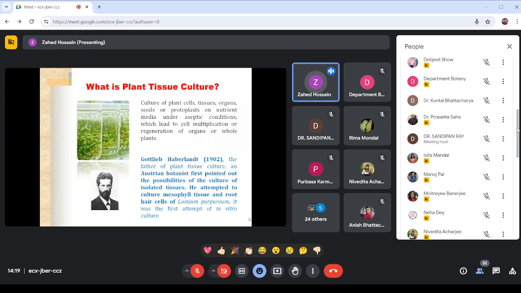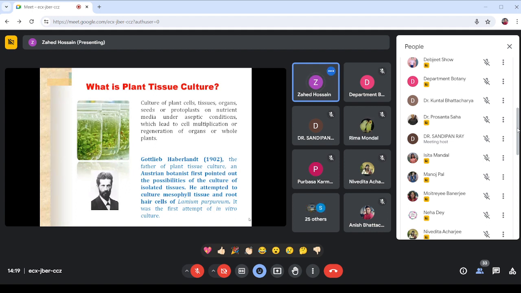You know that it is the culture of plant cells, maybe tissue, maybe organ, or even seeds or protoplast, on nutrient media, but under aseptic condition, because you can't do plant tissue culture at your home or your class lab.